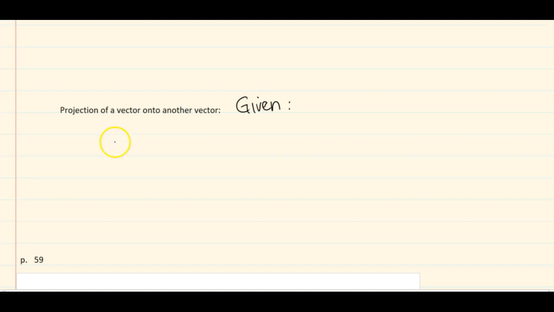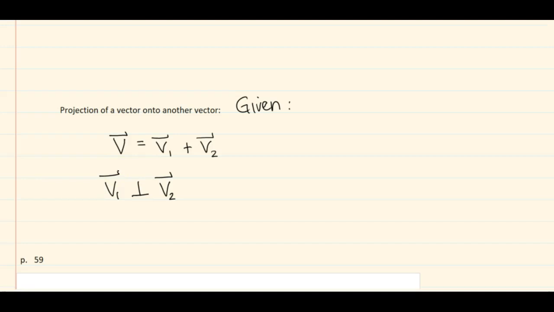The big thing to know about this one is that if you have a vector v, we can decompose it into two other vectors, which we'll call v1 and v2. We want v1 and v2 to be perpendicular to each other, and they're going to make up my vector v.